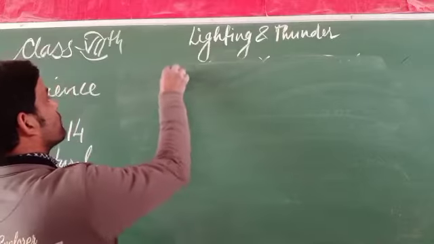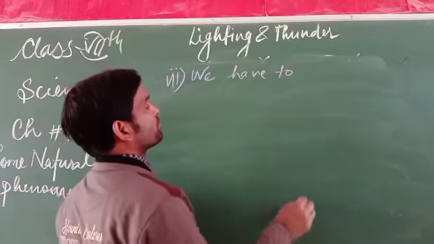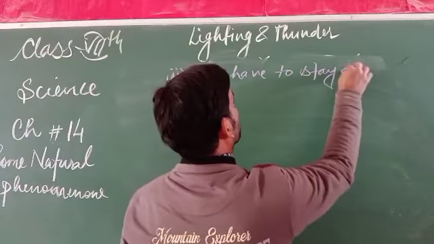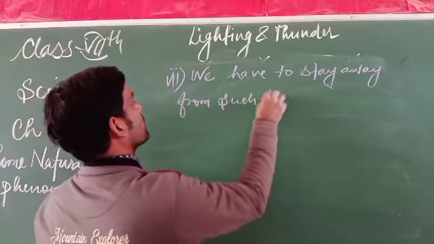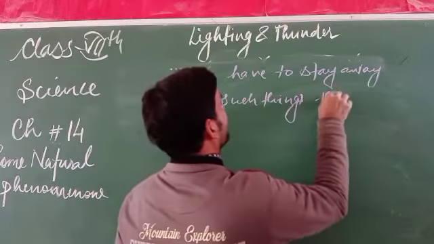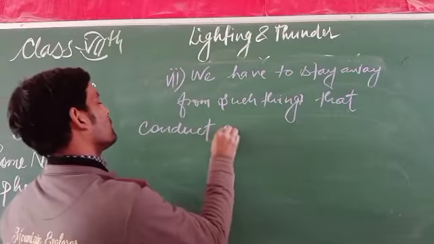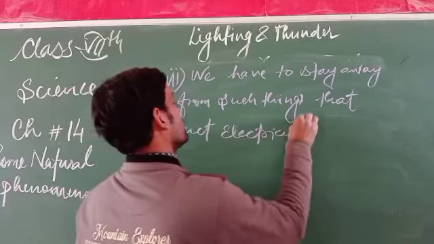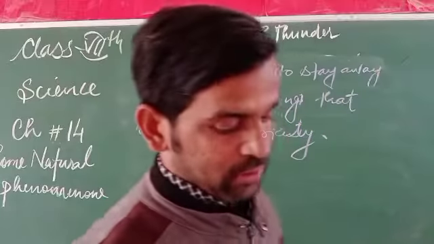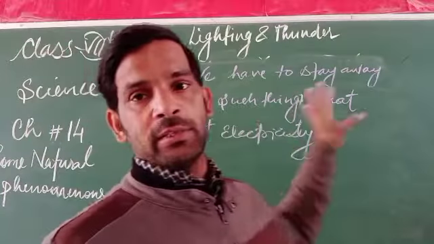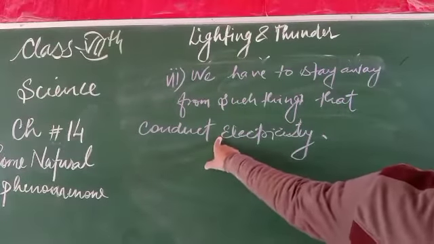We have to stay away from such things that conduct electricity. We should stay safe from such conditions, such things that could be electrical or might be conductors of electricity.